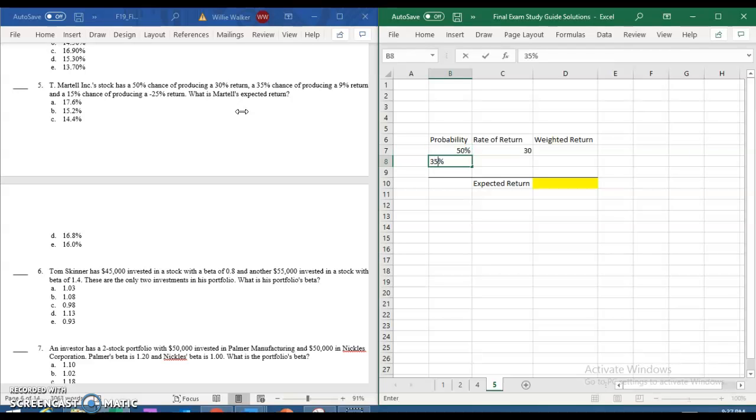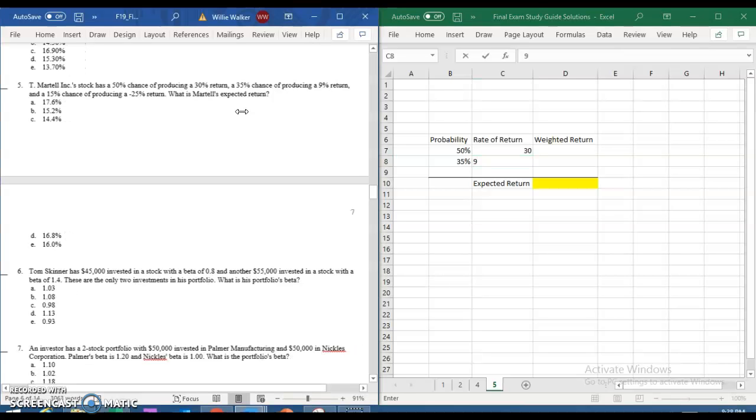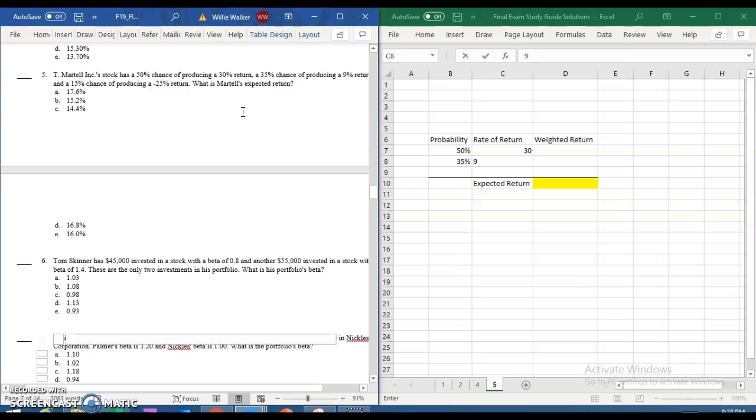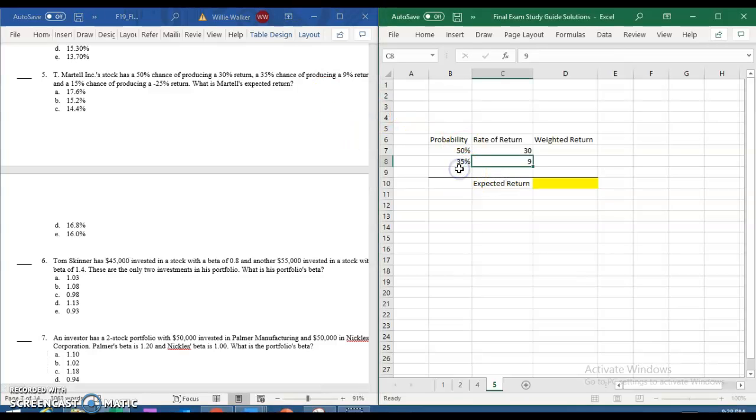So now I have a 35% chance of a 9% return. Finally, I have a 15% chance of a negative 25% return.